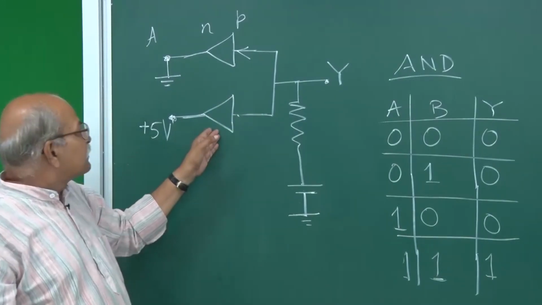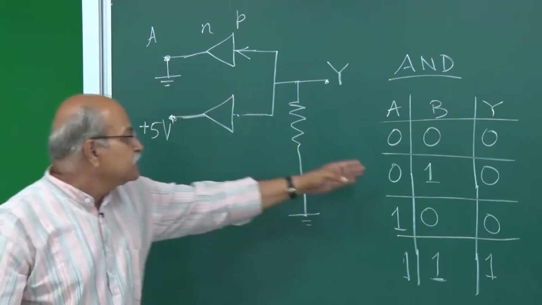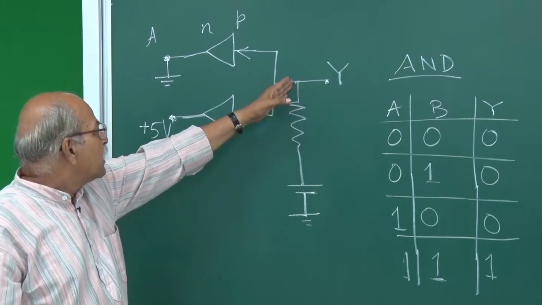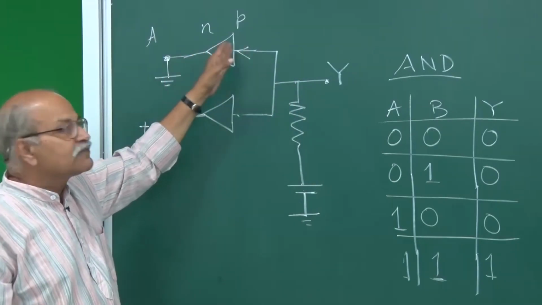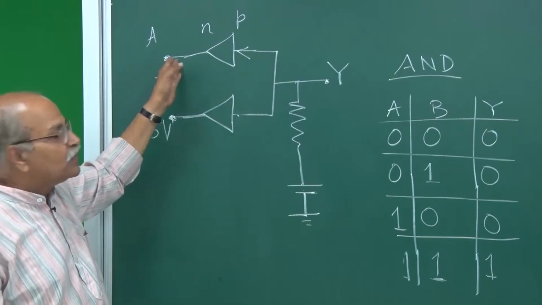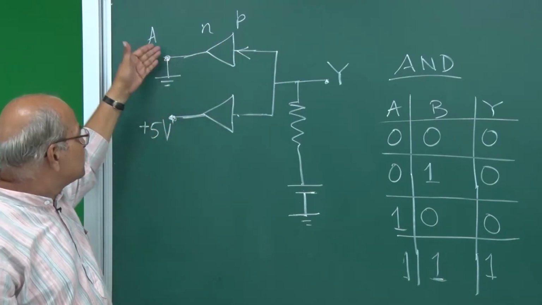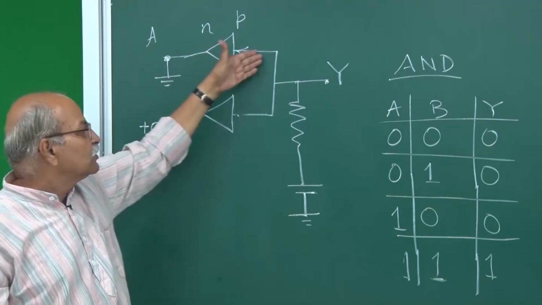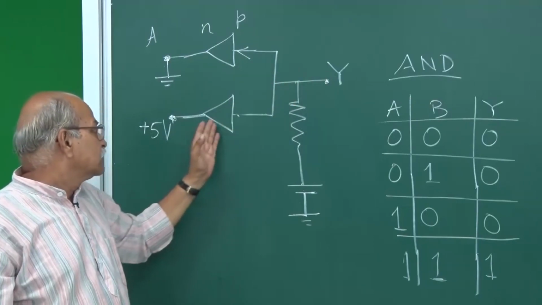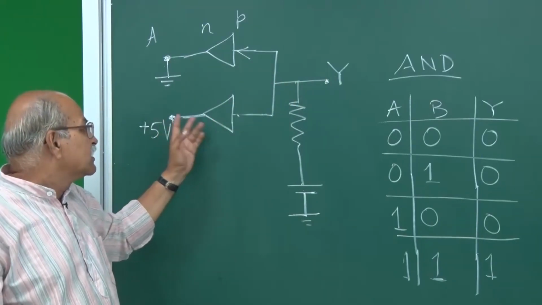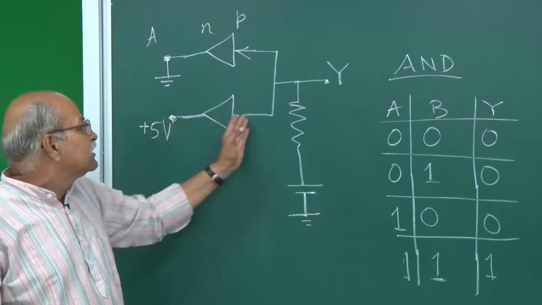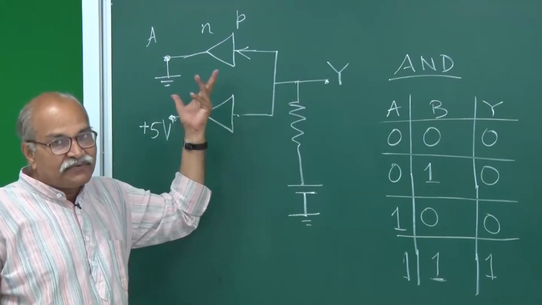But doesn't matter. This is still grounded. A is 0. This is still grounded. And therefore, this is higher voltage, this is lower voltage, this is forward biased, and therefore the current will still be there. And once the current is there, once again the same story, if this is 0, then there is only a small voltage which is 0, and here it is 5 volt, this is no current going, so it is just possible, this side is 5 and this point is very small volt, so that is fine.